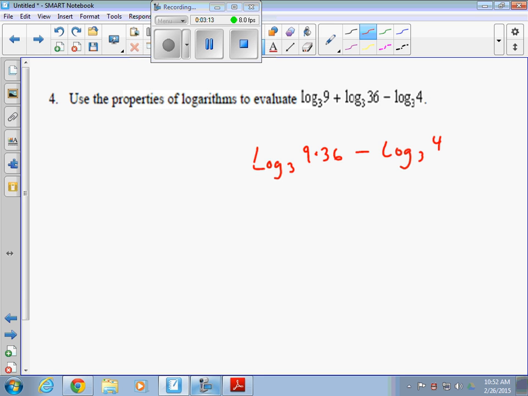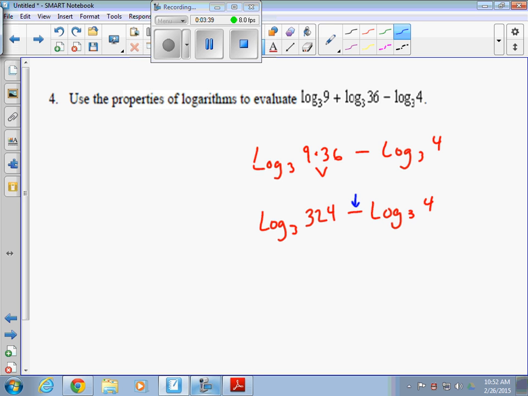9 times 36 is going to be log base 3. We know 9 times 6 is 54, carry 5. 9 times 3 is 27, plus 5 is going to be 324. All that was combining these two, minus log base 3 of 4. So then you take care of the subtraction part now.